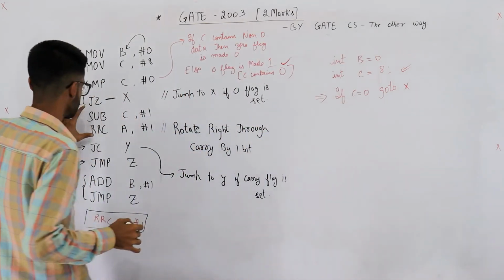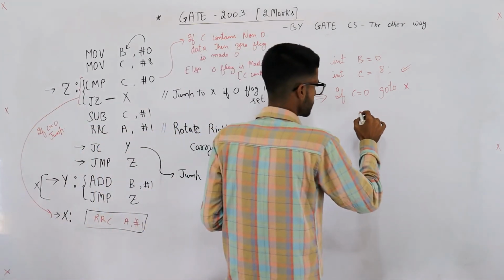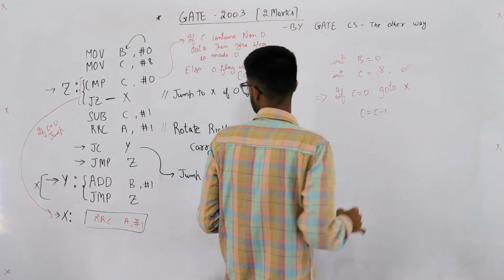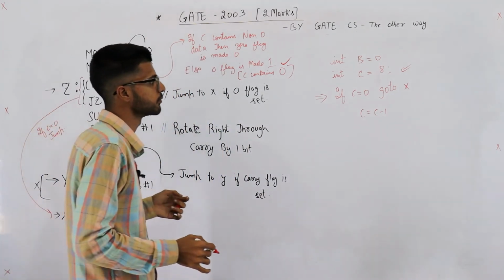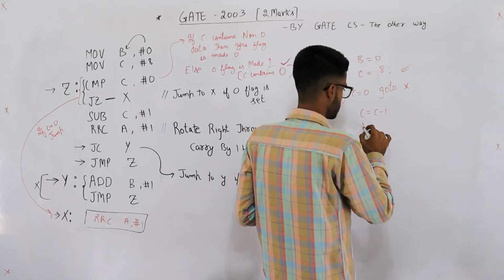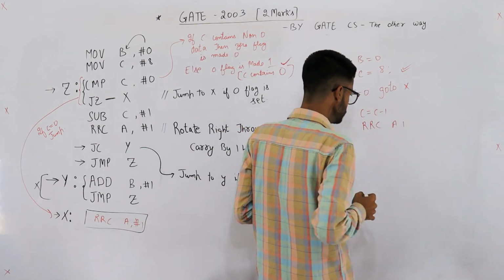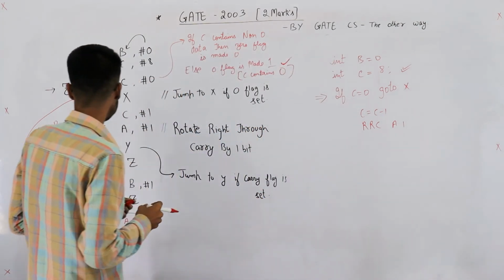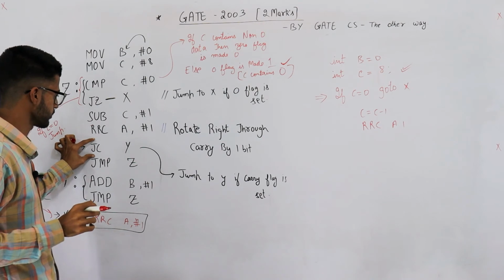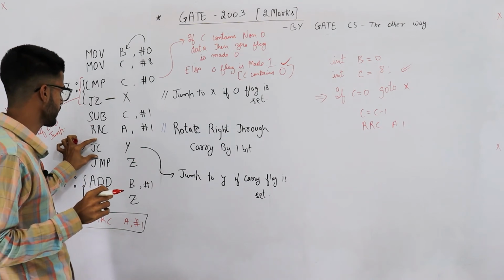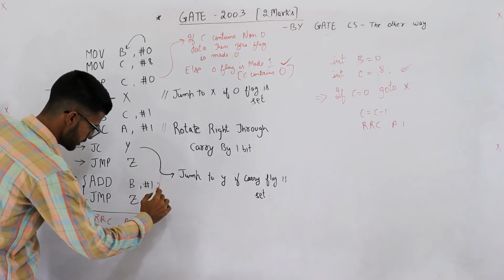Then the next line is SUB C comma 1, which can be written as C is equal to C minus 1. The next line is RRC A comma 1. Let's write it as it is. Now you are checking if this carry flag is set. That means if carry flag is high, you need to execute these two lines.